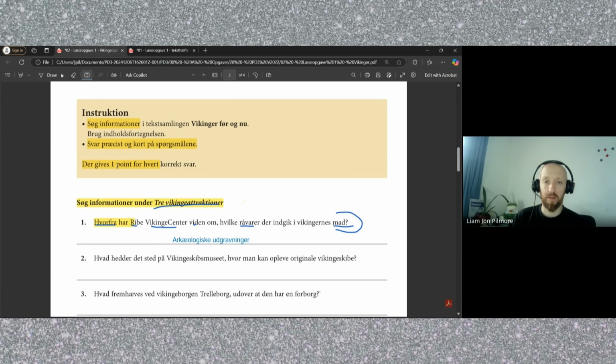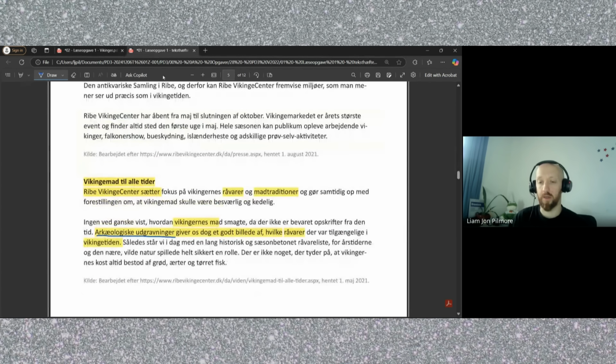Hvad hedder det sted? What is the place called at the Viking Ship Museum where you can experience originale vikingeskibe, original Viking ships? So the keyword maybe is Vikingeskibsmuseet, opleve originale vikingeskibe. What is the place called at the museum? Let's take a look.